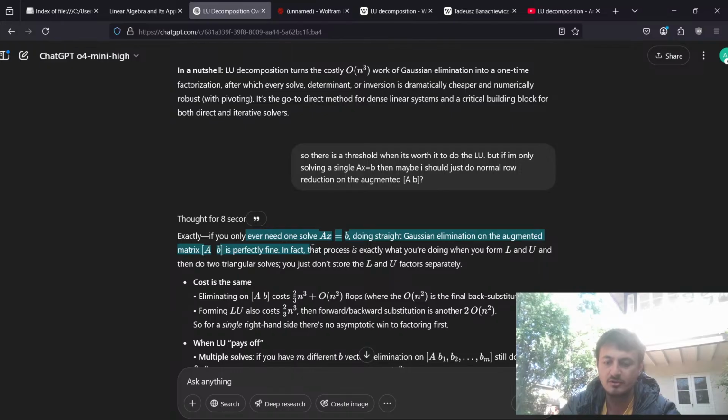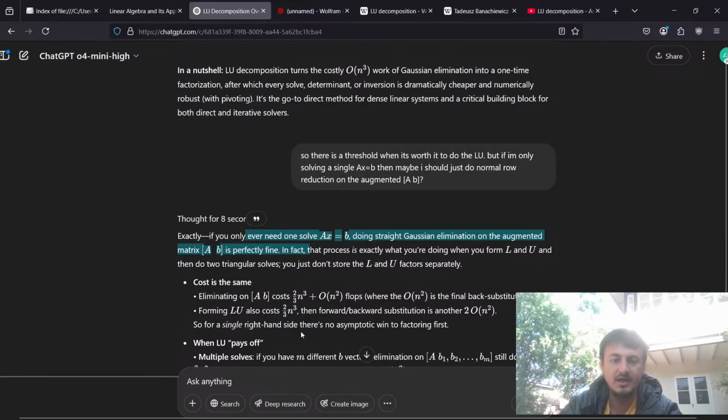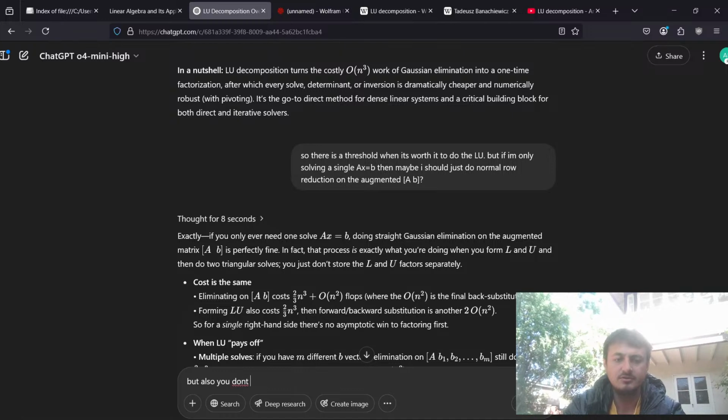You just don't store the, well, but also you don't need to pay the 2n^2 cost of computing Ly = b and Ux = y when doing it directly.